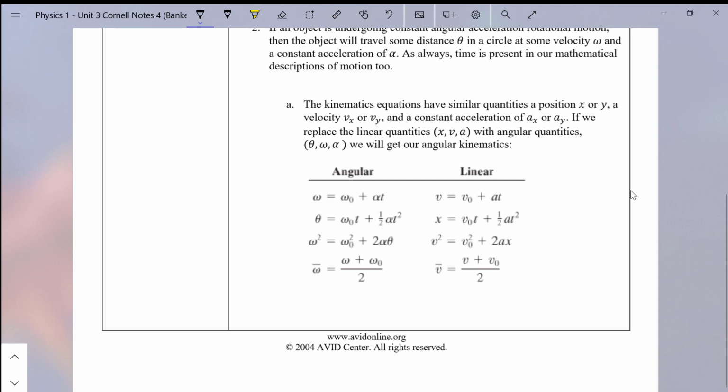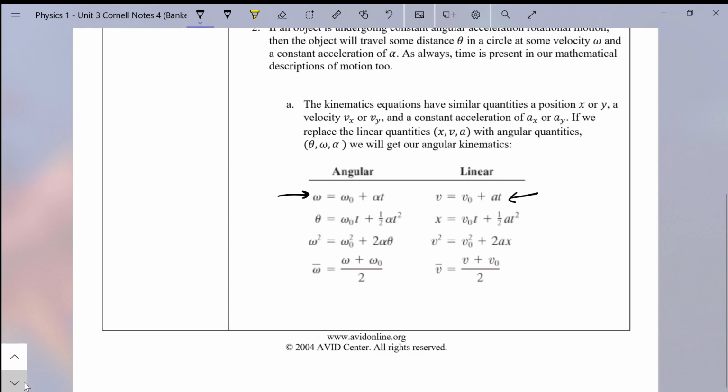But we have here a description of those analogies, where before we saw the equation v final is equal to v initial plus at. Now we have omega final is equal to omega initial plus alpha t. Right? Same equation. It gives you the same information, but one of them has angular quantities, one of them has linear quantities.